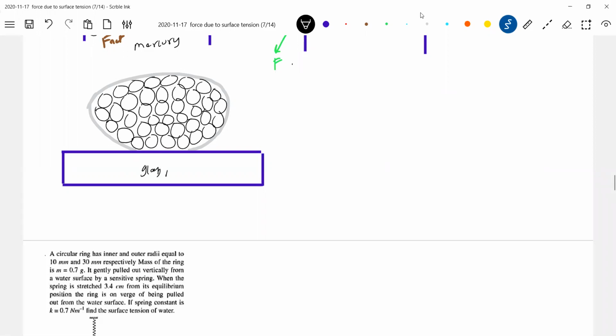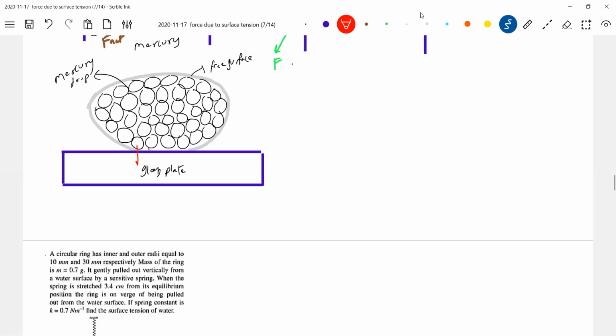There's a glass plate. There's a mercury drop. And what is this? There's a free surface. And then this is the angle of contact. Okay, here also, if you want, you can show this one.